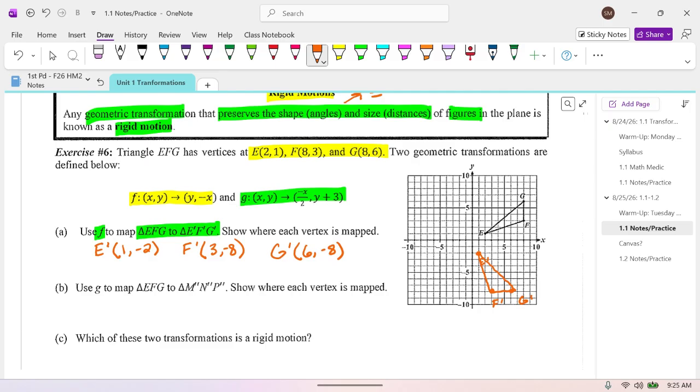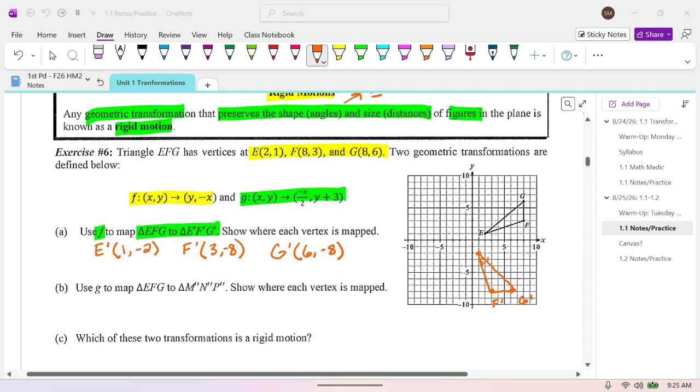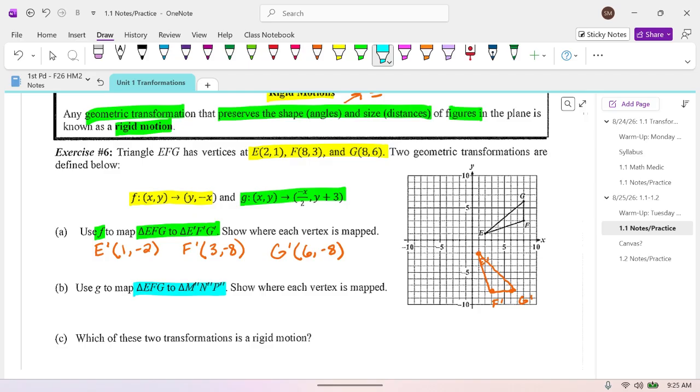Now, they then want us to take the original points again. So we're still using the original points. We're not using the new points that we just found. And we're going to use G, so the formula for G, to make M double prime, because it has 2 tick marks, N double prime and P double prime.